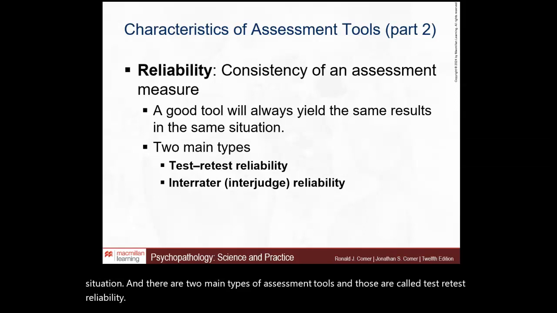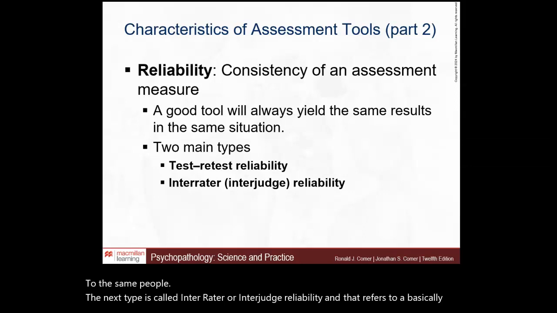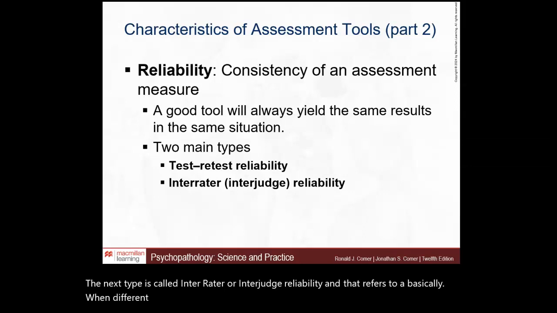That's when the test yields the same results every time it is given to the same people. The next type is called inter-rater or inter-judge reliability, and that refers to when different judges independently agree on how to score and interpret a particular tool.